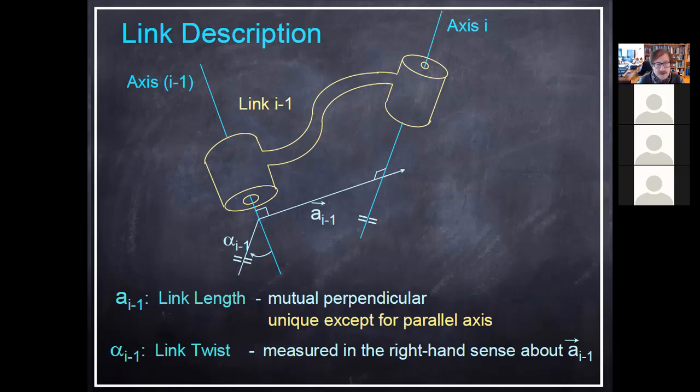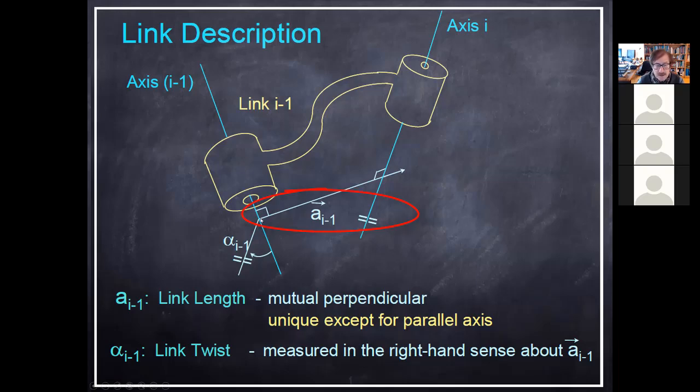So if there are two joints, i-1 and i, the link length, which is joining these two joints, is shown by the parameter a i-1. And the link twist is shown by the parameter alpha i-1. So these two parameters are enough to describe the link.